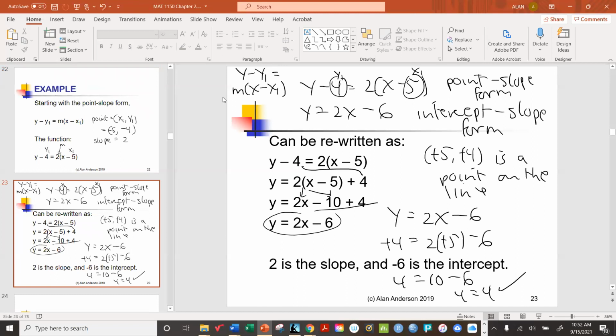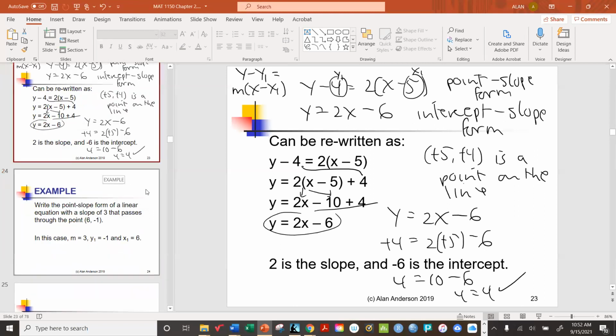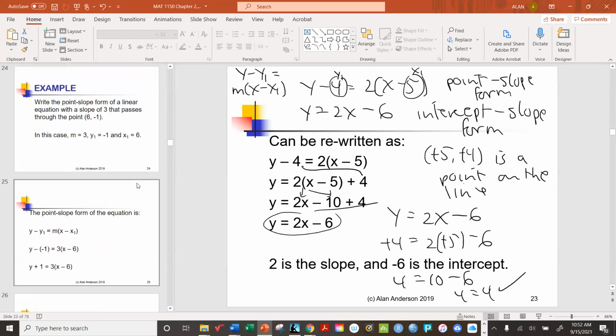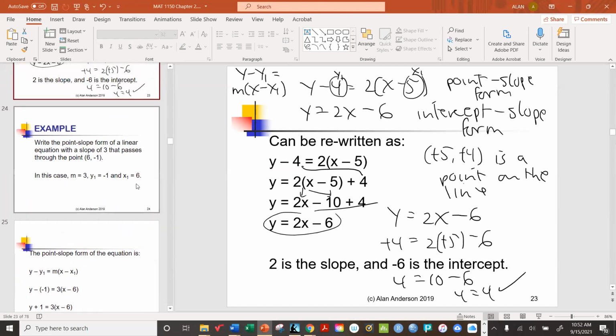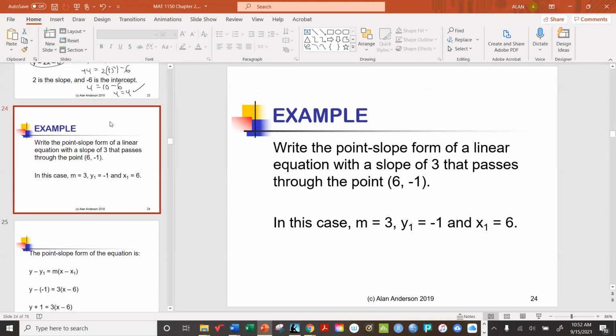Okay. So here's one. Now here's some challenging. Let me rewrite these. We know y equals mx plus b. We know that one by heart. We've known that for a long time.